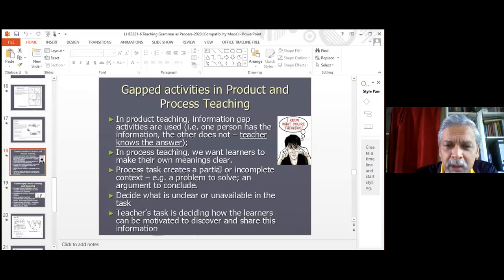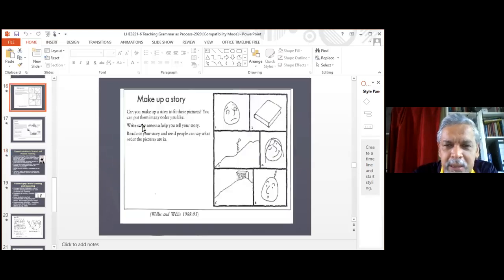A process task creates a partial or incomplete context, for example, a problem to solve or an argument to conclude. So this is also a process task. What the teacher has to do is decide what is unclear or unavailable in the task. Here, what's unclear is the story, the narrative. So it's here that the teacher has some control.